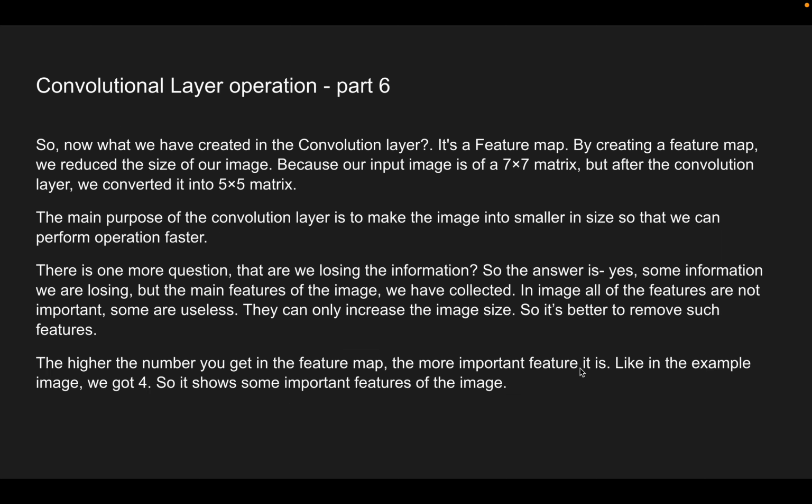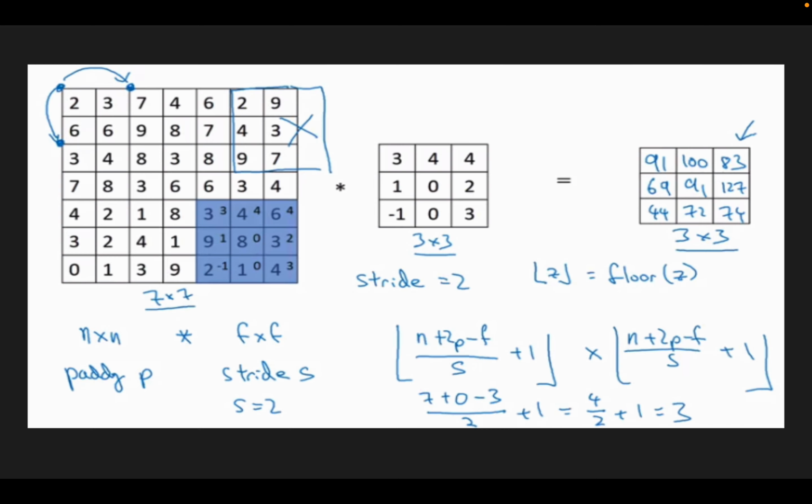This way you can explain during the interview, when this is the general question they are asking. So remember this formula and what n, p, f and s represent. I hope it is really clear to you, and we will see this in more detail in the coding part.